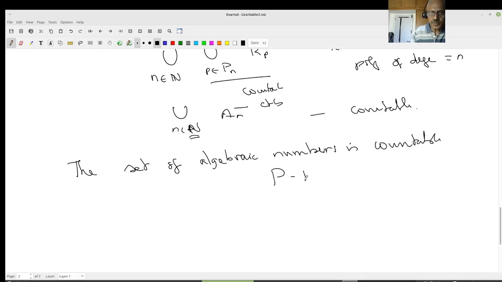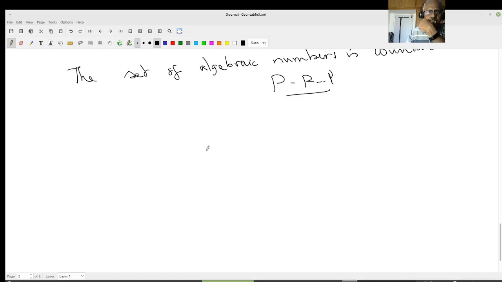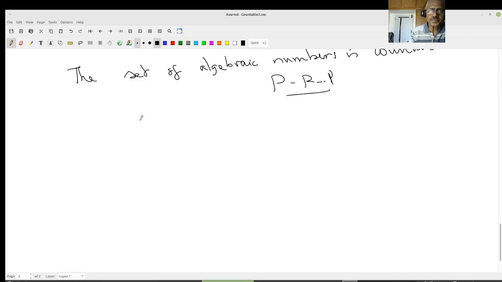Okay, pause, review, proceed. Right? Now let us look at this set of algebraic numbers, set A of algebraic numbers. Then let AR denote A intersection R, the real algebraic numbers.